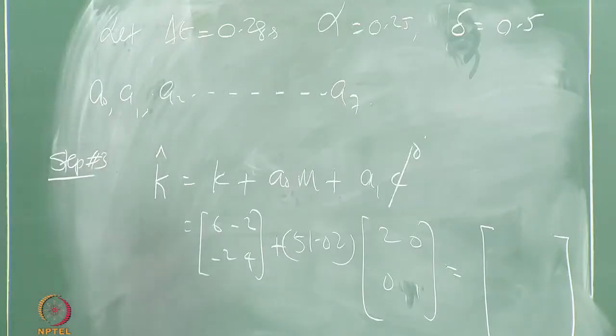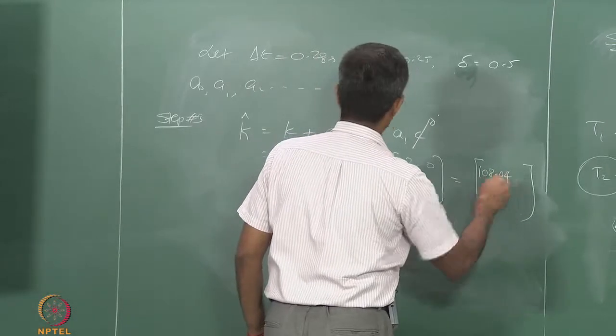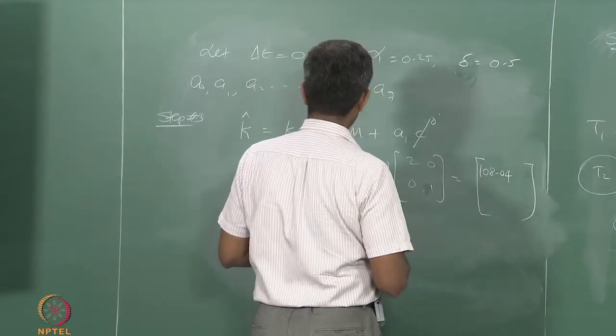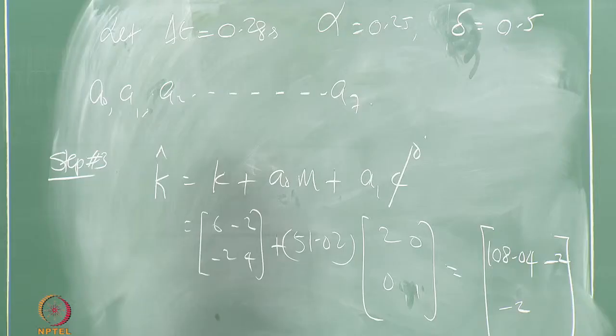Please compute and give me the matrix. It is 57.02, minus 2, minus 2, 55.02.